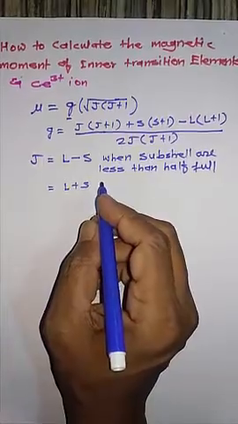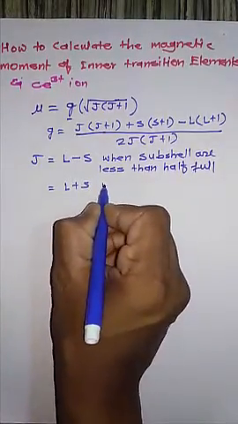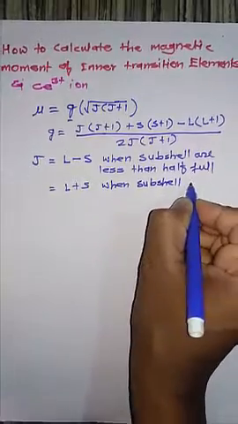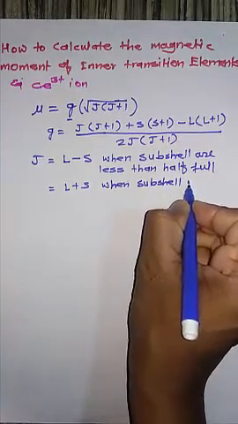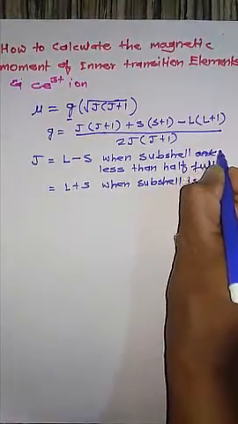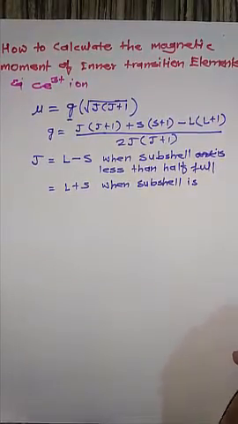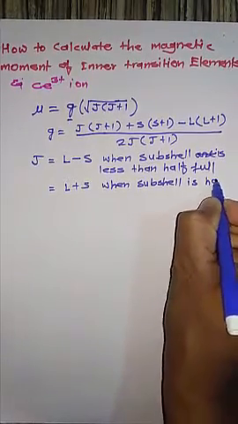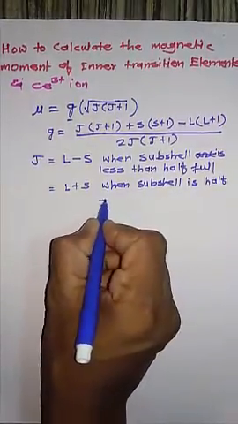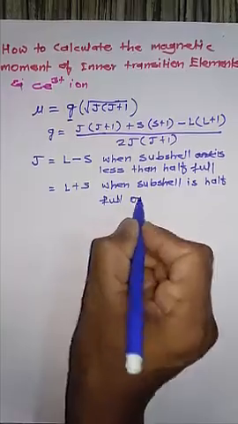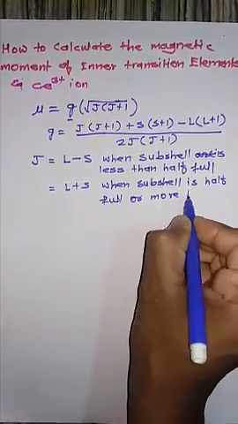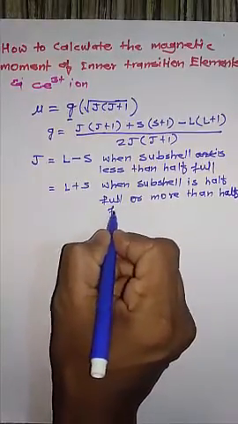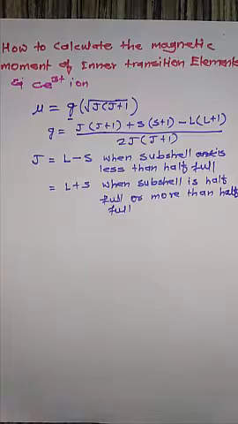And when the subshell is half full or more than half full, then you have to take L plus S.